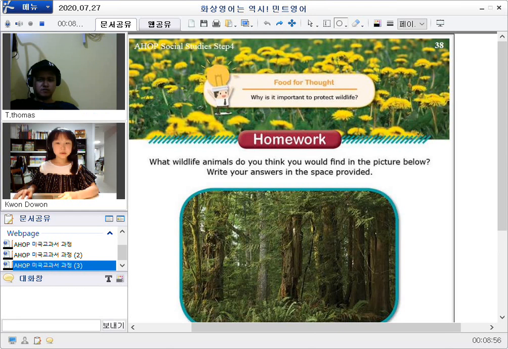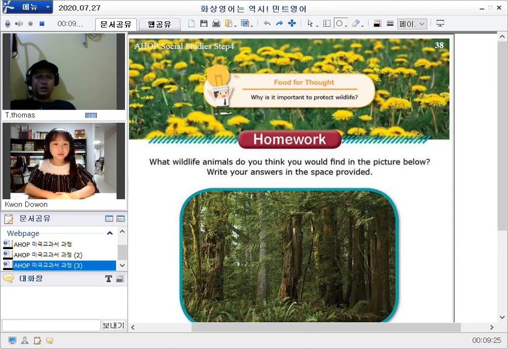Because when we bring a lot of animals, when they go home again, they can't find their food alone.